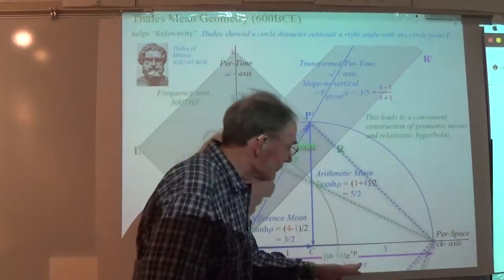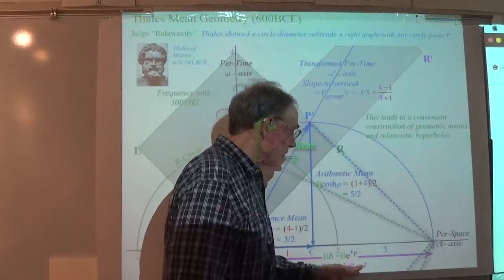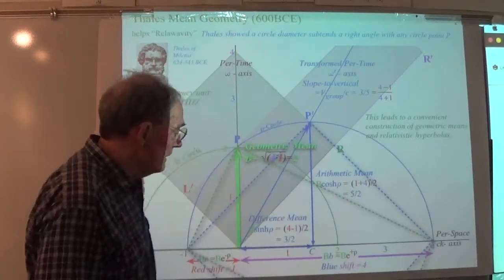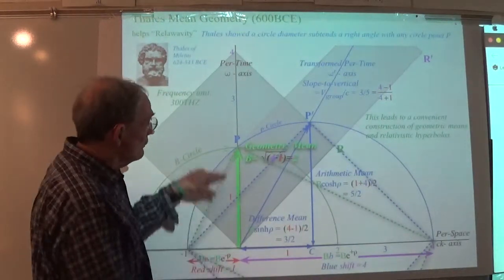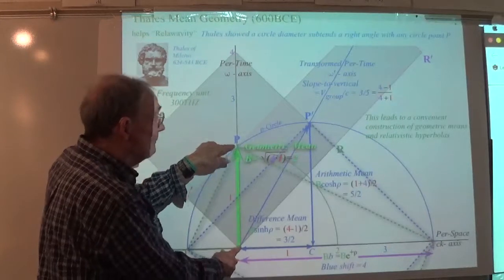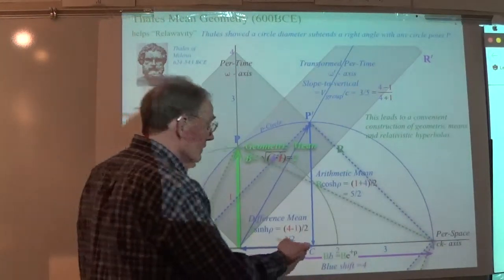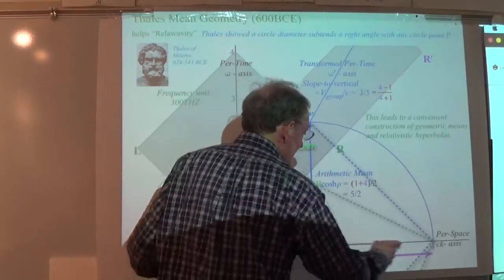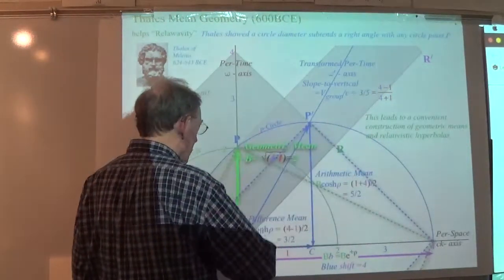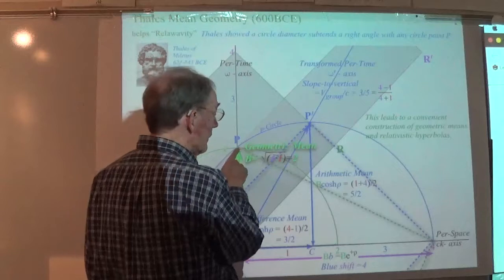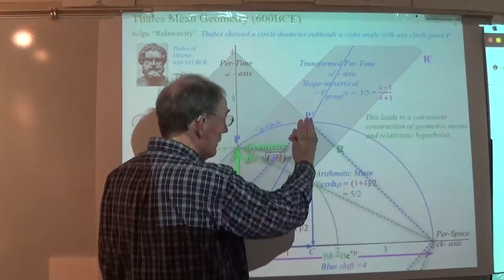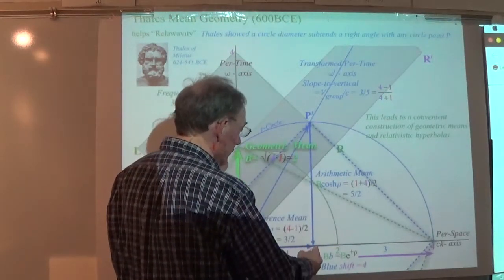This is a redshift of 4, up by a factor of 2 from 2. Well, you know the answer is going to be 2, right here. That's a geometrical mean that you find after you have struck an arc to make the arithmetic bisect the thing. Where it hits here is the thing. And then right here, of course, is the difference mean.